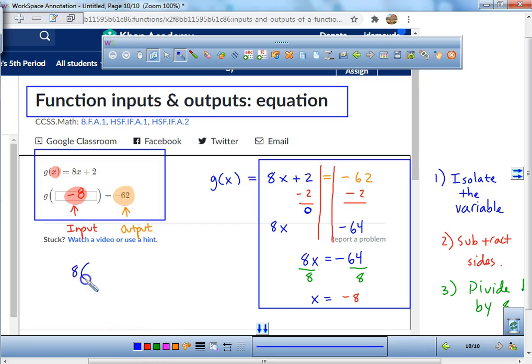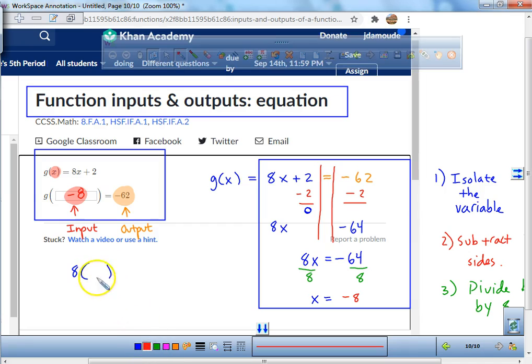If I have 8 and I plug in right here for the value of x a negative 8, and then I add 2, it works, because that's negative 64, plus 2, gives us negative 62. So it works. Woohoo! We got it right.